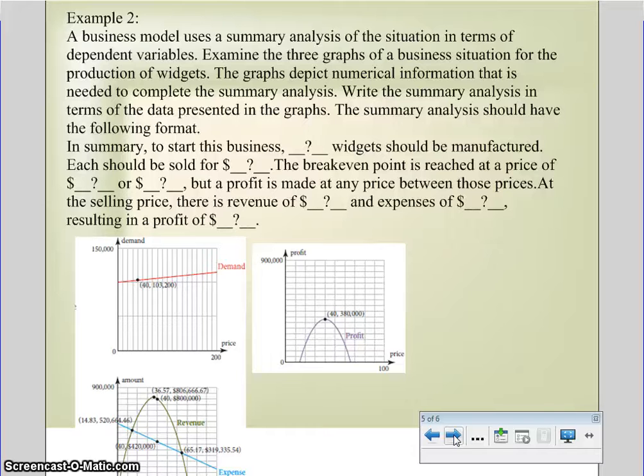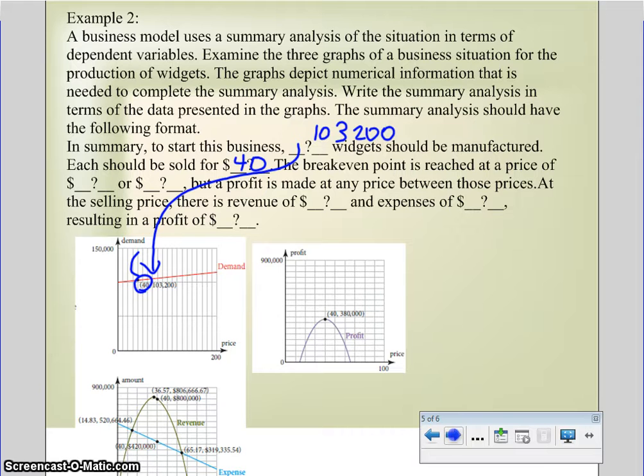So in summary, to start this business, here we're looking at our demand curve or our demand equation, and it's going to cost us $103,020 or $200 to get things started. And I got that from the demand function. It keeps going. It says each should be sold for, right here in the demand function, $40.